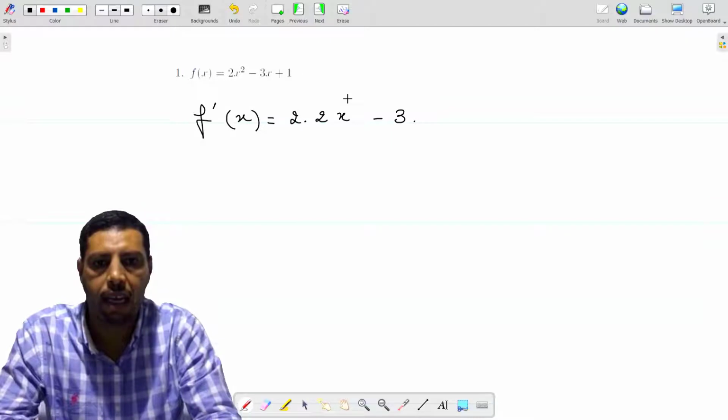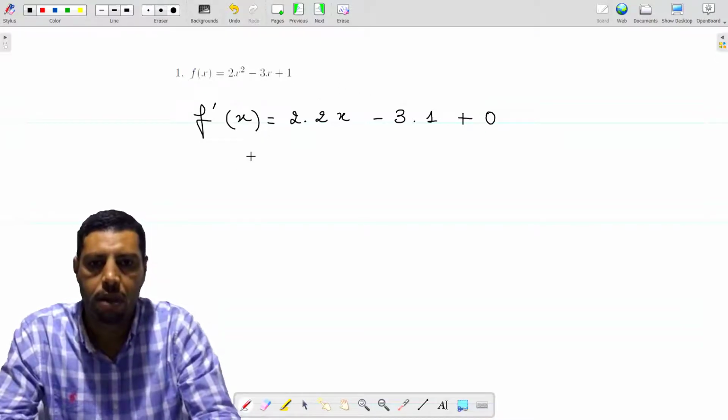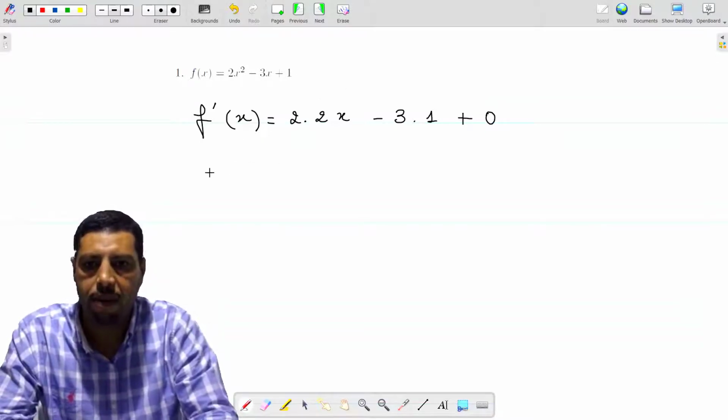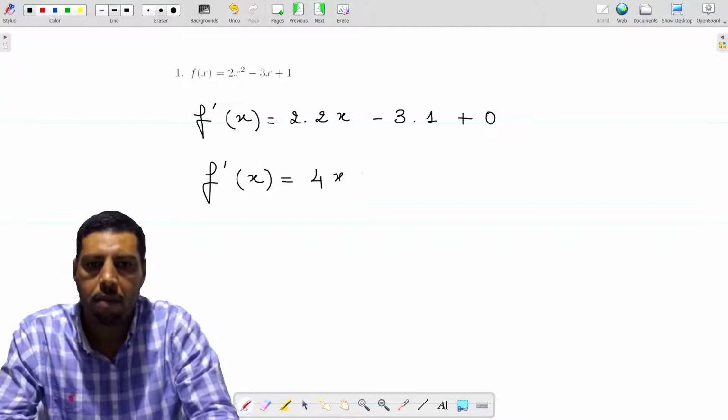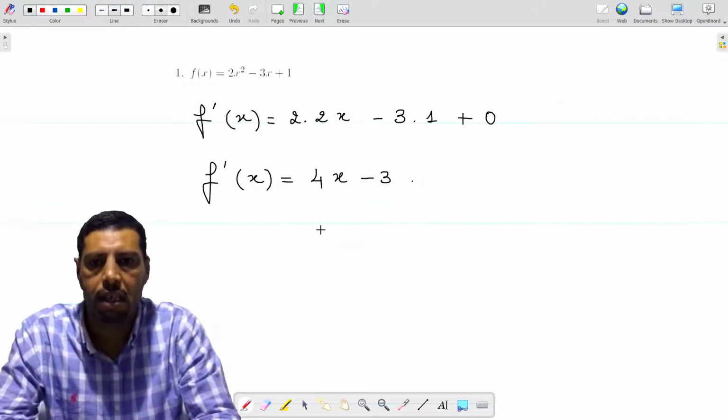So the derivative of x is 1. So we write 3 times 1, plus the derivative of a constant, which is of course 0. So f prime of x equals 4x minus 3. This is the final result.